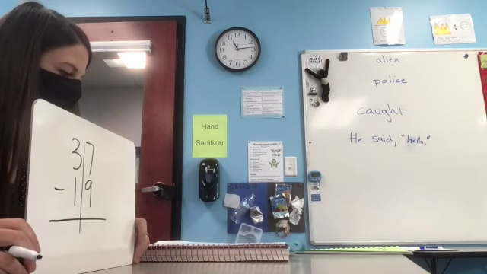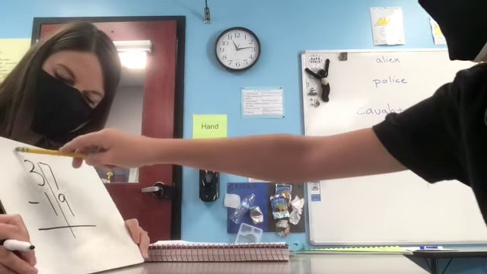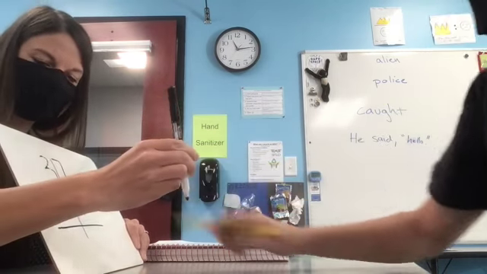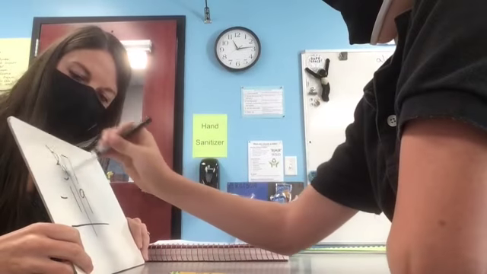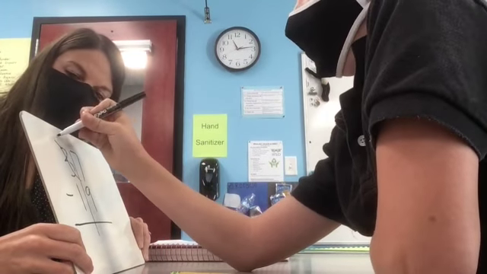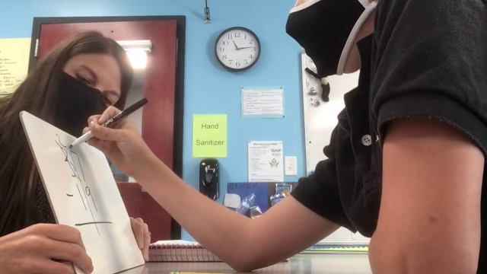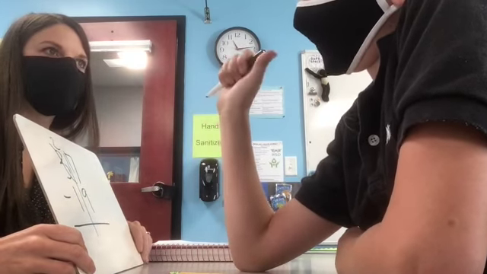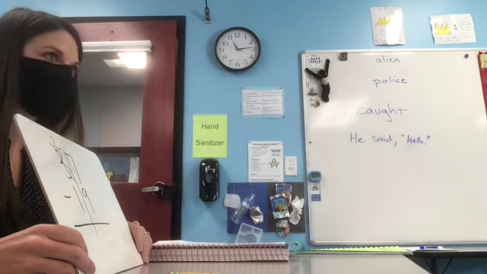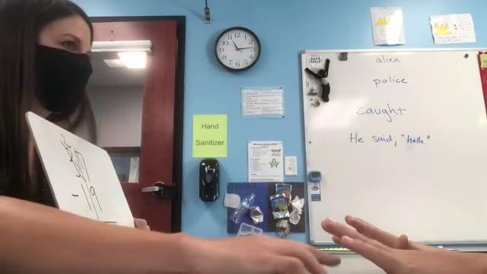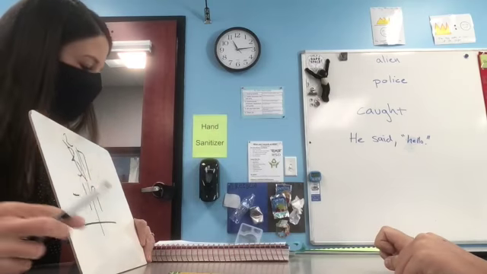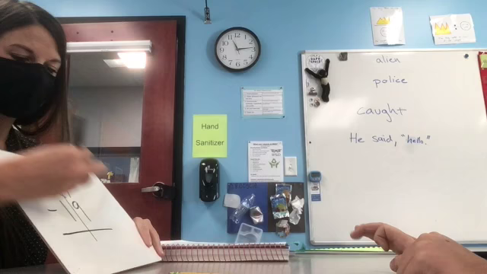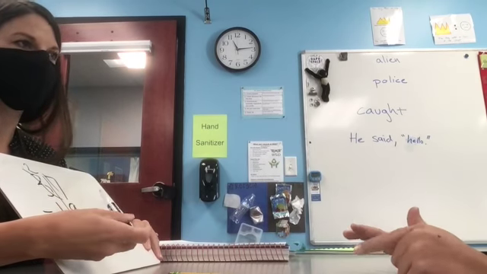You have to borrow 1, so I'm just going to cross it out like this, and then I'm going to do 2, 1. Wow, nice. So 17 minus 9 should equal... You're getting ahead of me. Do you mind if I slow down a little bit? Okay. Read the problem for the ones column first before we keep going, Luke.